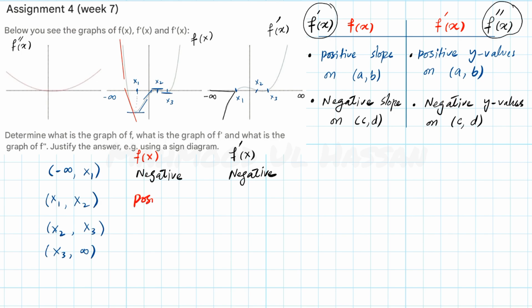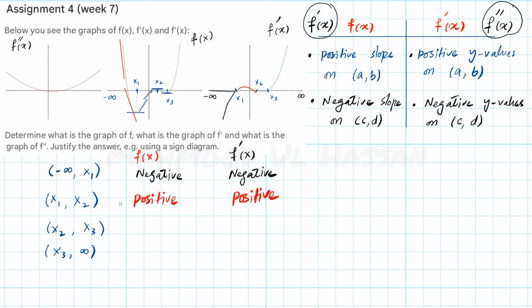So that is positive. Okay. Now we have to look here at the values of y in the derivative of f of x. The derivative of the function has positive y values. You can see on this interval from x1 to x2, the y values are positive. So that is also true.